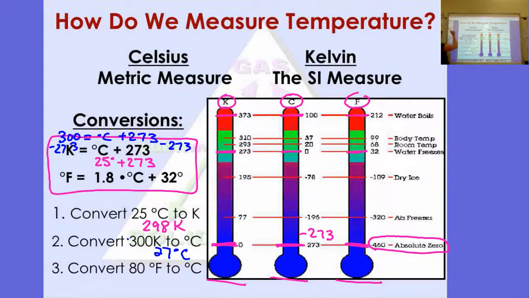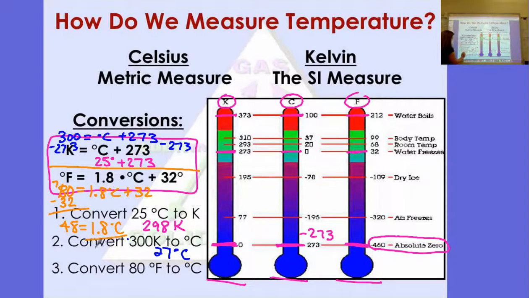And if I want to convert 80 degrees Fahrenheit, which is a nice warm day outside, into Celsius, I'm going to use this equation. I plug in 80 Fahrenheit. 80 equals 1.8 Celsius plus 32. Order of operations tells me I first have to subtract 80 minus 32, which is 48. 48 equals 1.8 Celsius.